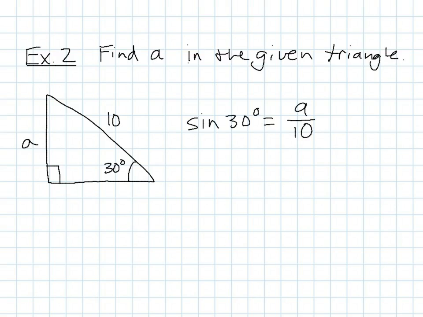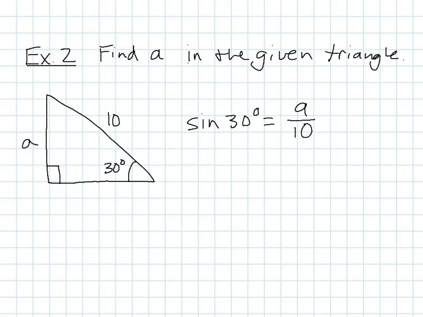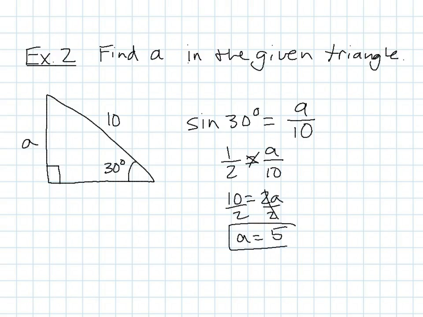Now I know what sine of 30 is. If I look back, sine of 30 was 1/2, so I can insert that value in, and actually now it's a proportion, so I can cross multiply and solve. So 1 times 10 is 10, 2 times A is 2A, I can divide by 2, and that gives me a value of 5. Okay?